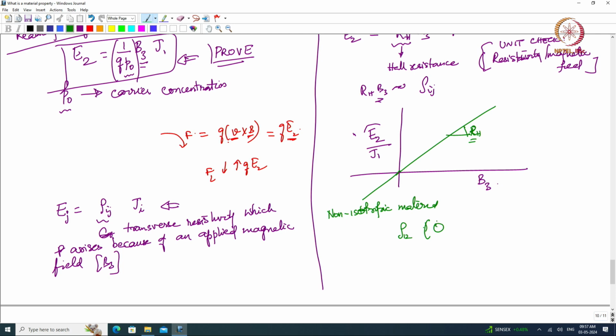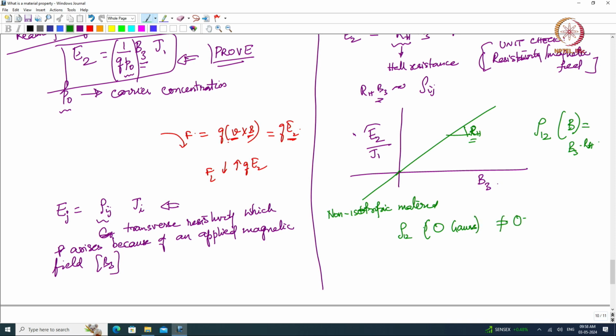From the Hall resistance what we found out was rho 12 is a function of magnetic field, it goes as B3 times RH, right. So if I already have some rho 12 at 0 magnetic field, at 0 Gauss, that is not equal to 0, right.